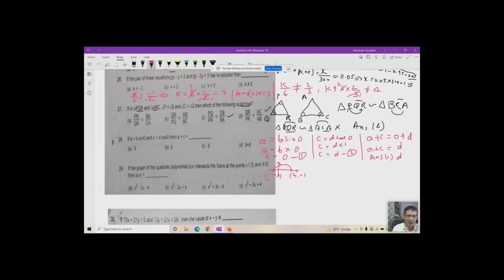So the zeros are the x-intercepts where the curve meets the x-axis. So here alpha will be equal to -1 and beta is equal to 4.